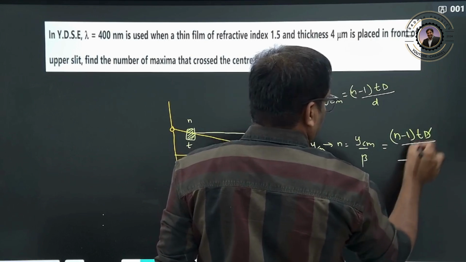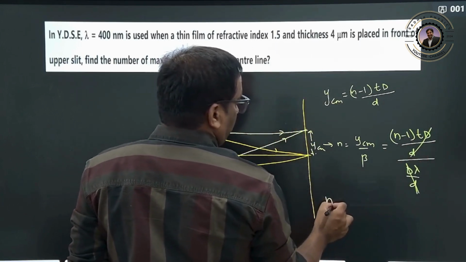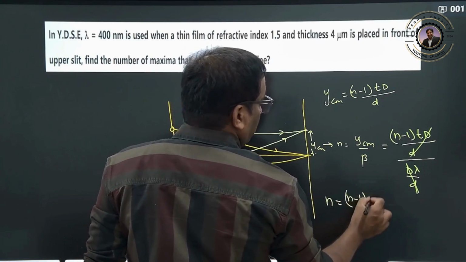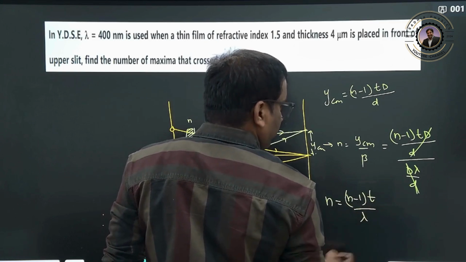So D by d gets cancelled out. So the number of fringes can be written as (n minus 1) into T by lambda.